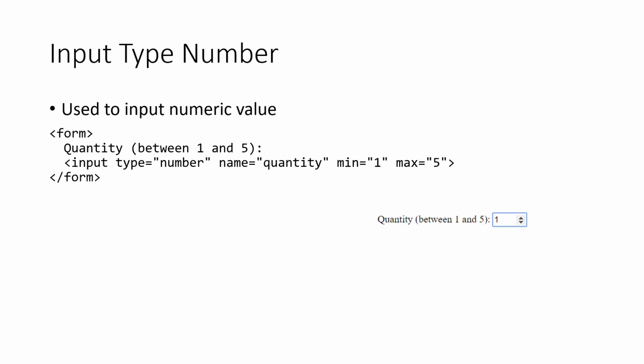These are special cases, especially as we didn't have this facility before version 5, where you can now specify what kind of input you are going to expect. For example, quantity is commonly used in commercial applications where you specify the number of items, and it will be an integer. So in this one, we will say min is 1, max is 5, indicating that the value we expect for quantity should be between 1 and 5.